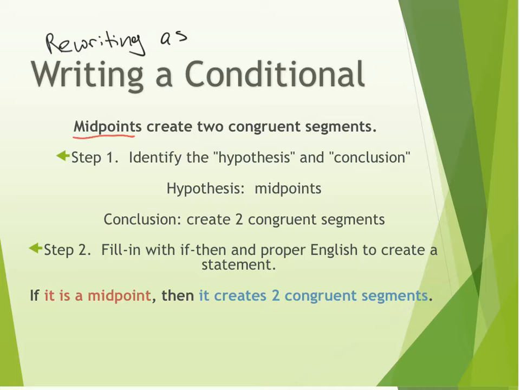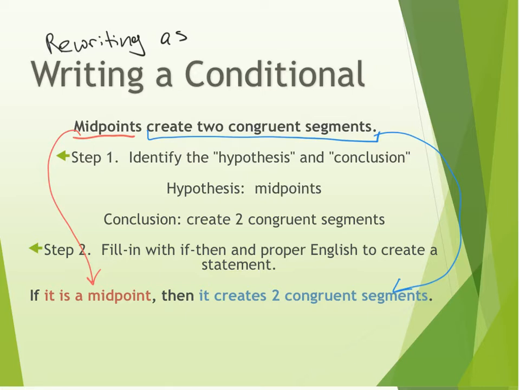Midpoints exist, and they then create two congruent segments. So when you go to write your if-then statement, you just put in the pieces. If it is a midpoint, then it has two congruent segments, and you just put it in like that.